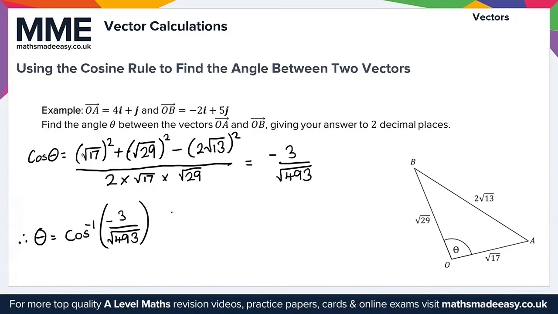In that case, what we should get, if we do this correctly, is 97.77 degrees. Remember, give our answer to 2 decimal places. So that gives us the solution to our example, and gives us everything we need for using the cosine rule to find the angle between 2 vectors, and that concludes this Maths Made Easy video on vector calculations.